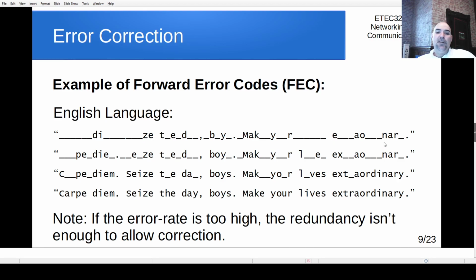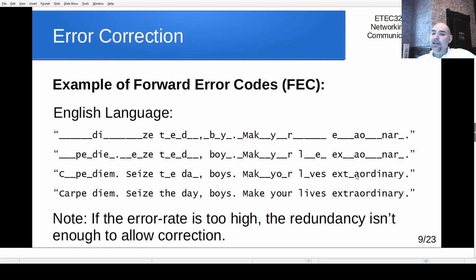And if you just started with the top one, you might have a very difficult time reconstructing what that was supposed to say. But as we move down and there are fewer errors in it, probably when you get down to this third one, you could figure out what that says without having the extra data or the error data provided. And part of that is by context.